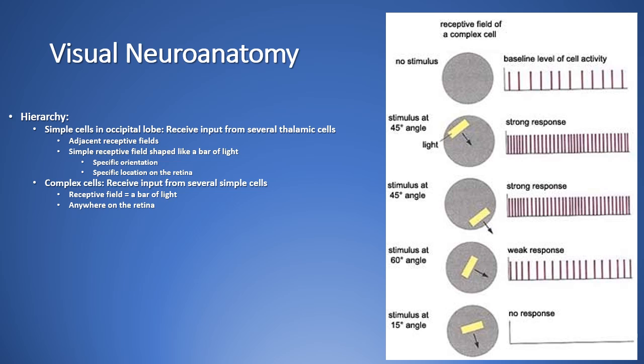Now you knock it up to a 60-degree angle, and all of a sudden it's a little stronger than the base rate, but not by much. And then if you tilt it to a 15-degree angle, you get no response. Not just a baseline level, but it has dropped down below to inhibition.